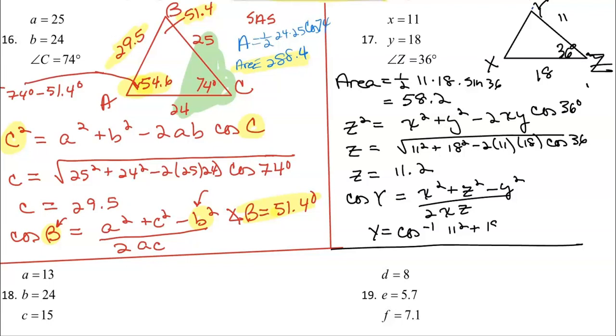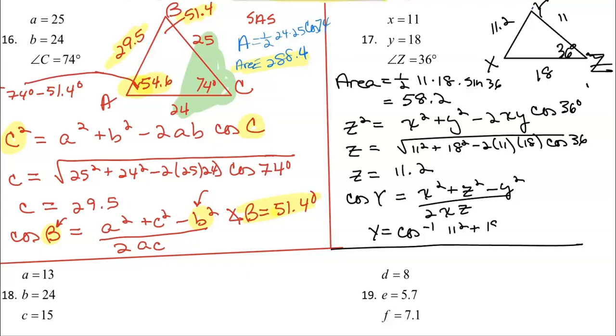Hold on one second. Plus z squared. Oh, I see what I'm doing. Let me regroup for a second because I changed what I was doing. Okay, that's good. I'm so sorry, I got z. z is 11.2. I didn't put it on.